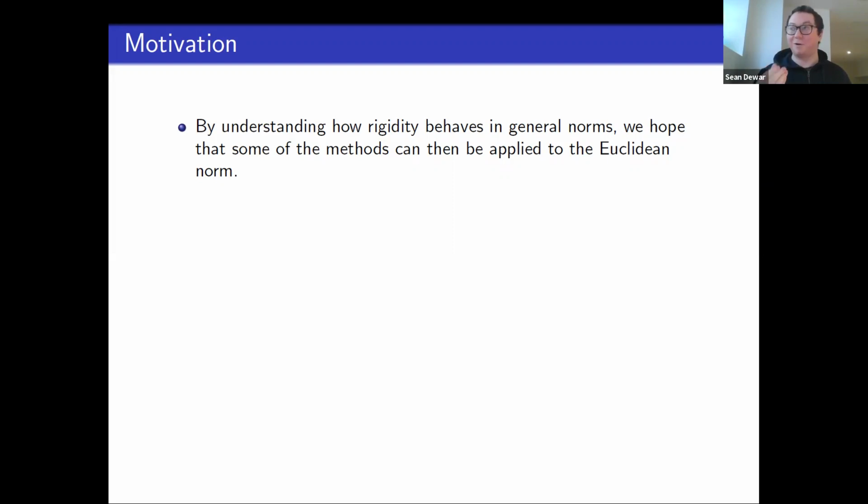There's also the idea that maybe you have a property you want to prove in a Euclidean space, but it's very hard to prove there. But maybe it's very easy to show in a polyhedral norm space. So this is a norm space where the unit ball is a polyhedron.